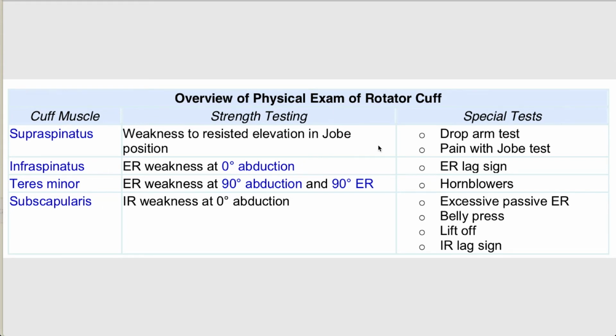I find this table to be very good because it is not misleading. It allows me to evaluate each of the muscles individually, and I could localize the problem and I could point out which rotator cuff muscle is troubled.